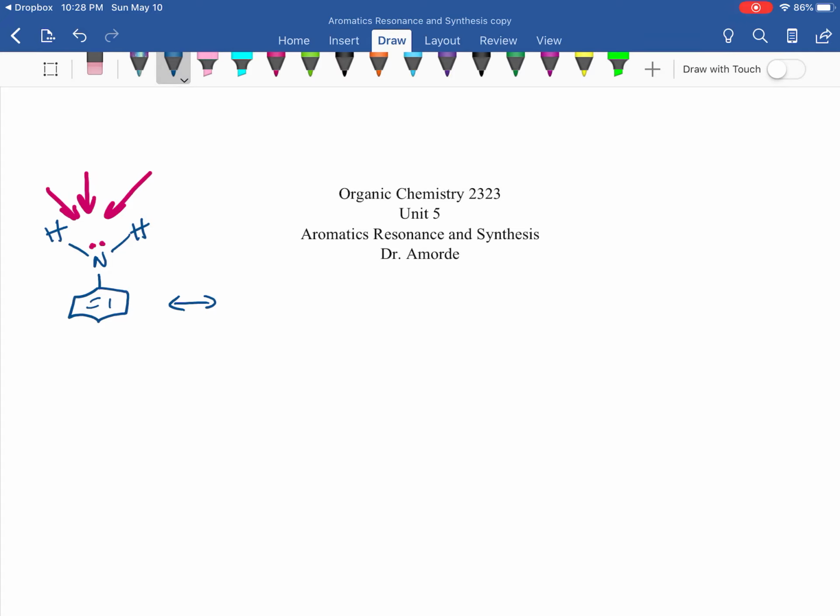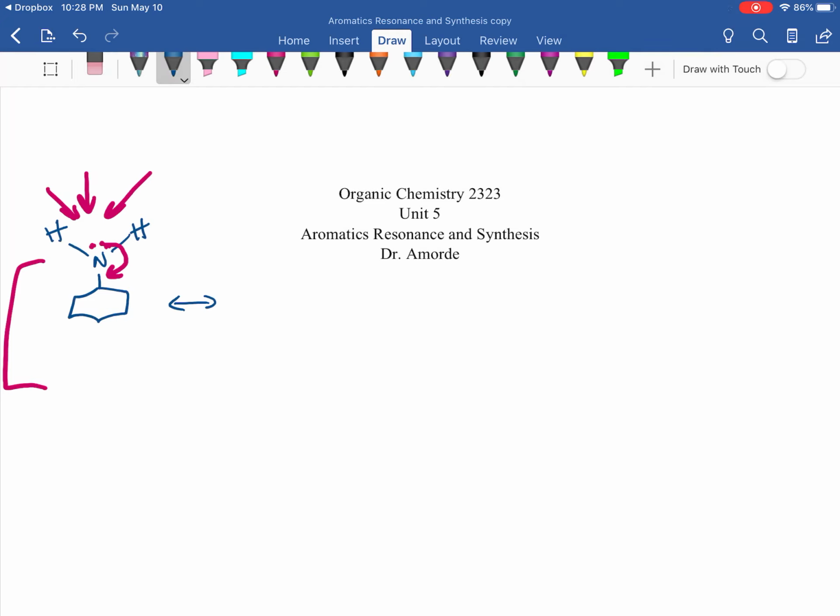Now, just straight benzene is very even. Those electrons are sharing evenly around all 6 of those carbons. But the second you add something with a lone pair into your benzene, you can now donate that into your ring.